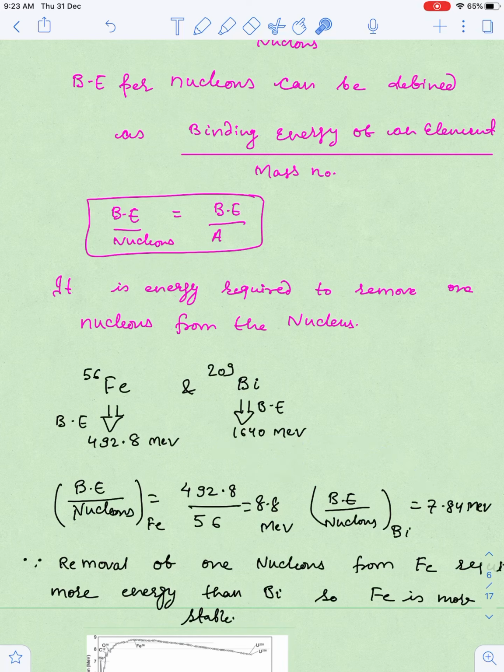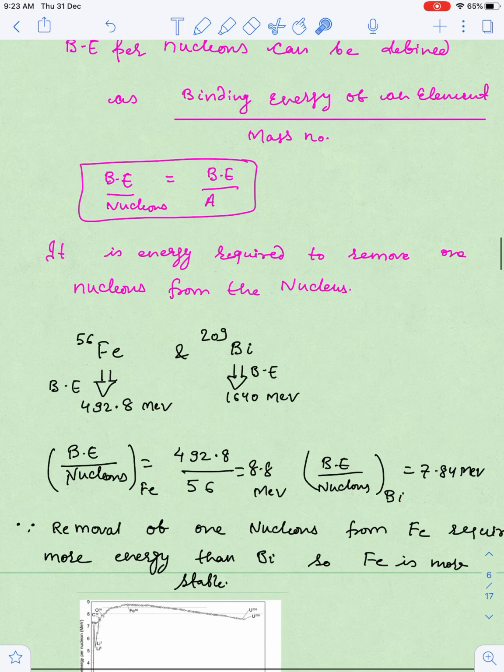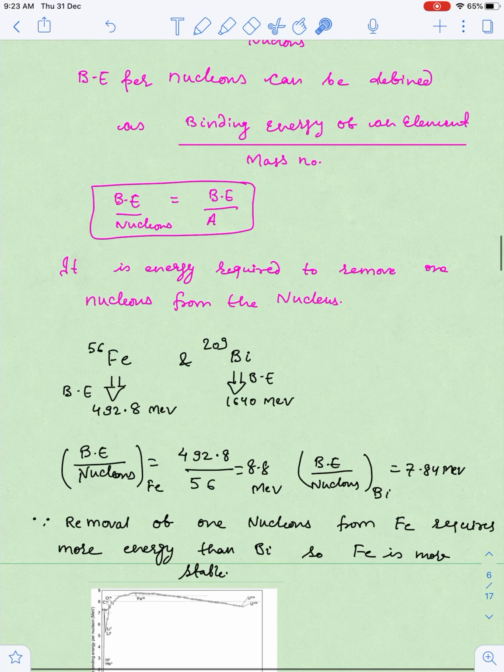You can see that the binding energy per nucleon for iron is larger than this one. So iron nuclei is the more stable nuclei. Removal of one nucleon from iron requires more energy than bismuth, so iron is more stable.